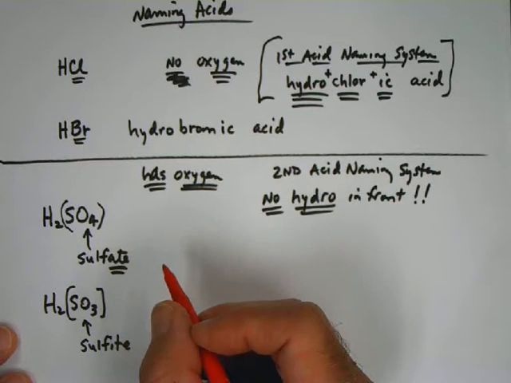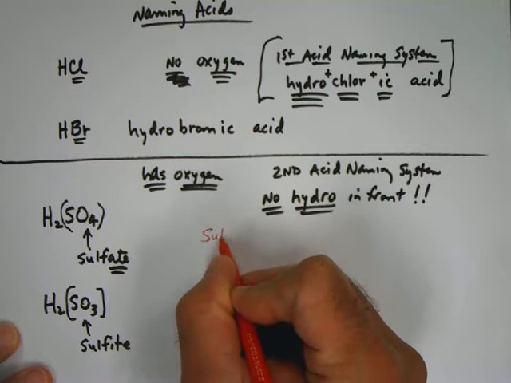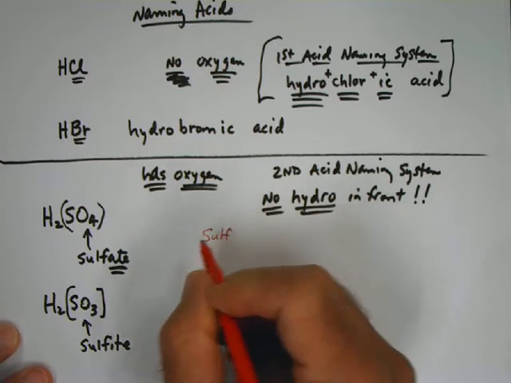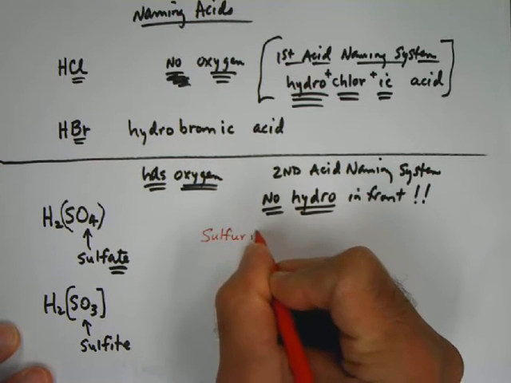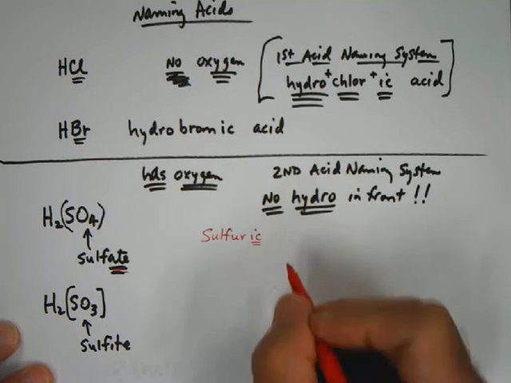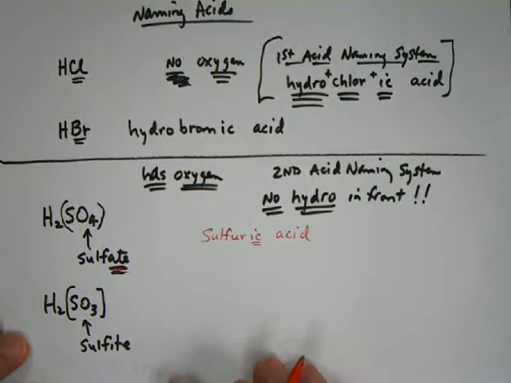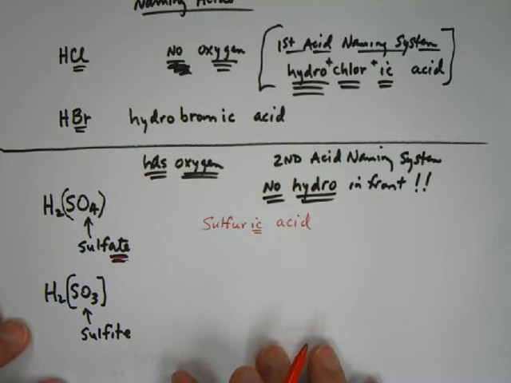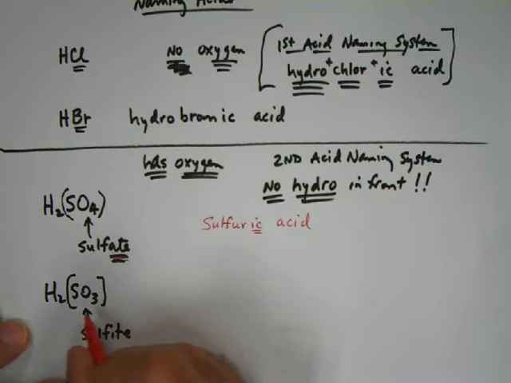For the next one, H2SO3 contains a sulfite ion. That ends in ITE. If the oxygen-containing ion in the acid ends in ITE, we don't use ic afterwards. We use OUS. So this would be sulfurous acid.